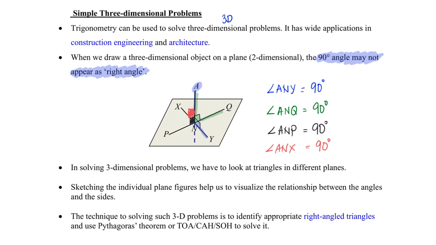So what's the key? The key is really to identify the appropriate right angle triangles, and by extension, since it is a right angle triangle, we can use Pythagoras' theorem, we can use trigonometry to solve it.